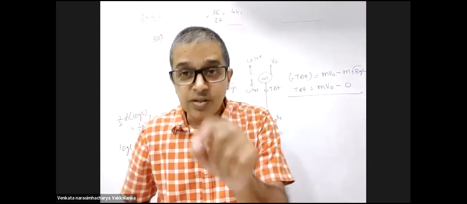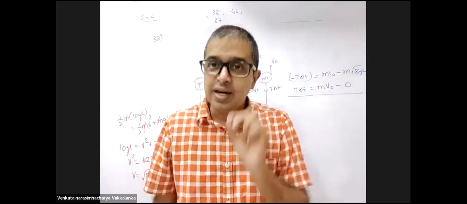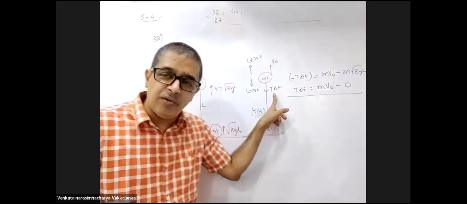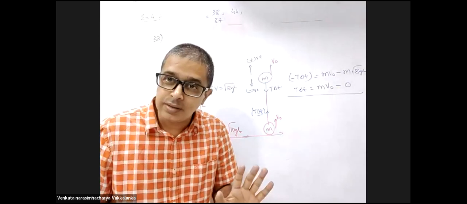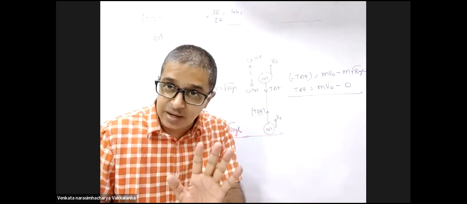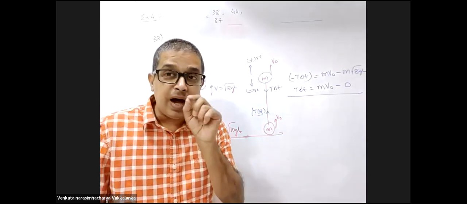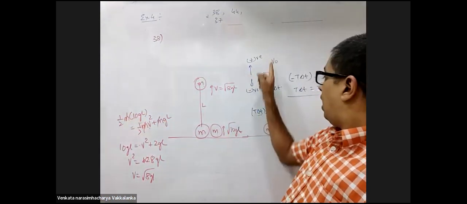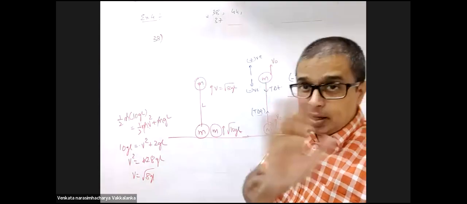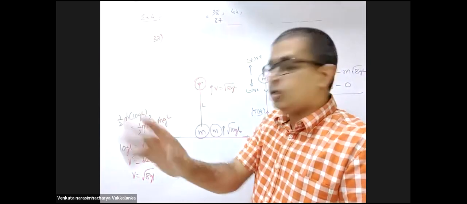I am conserving momentum for the time period just before the string became taut and just after the string became taut. Is the difference clear? Yes, sir. Yes, sir. I am not conserving linear momentum between this and V0. No, I am not permitted to do that.